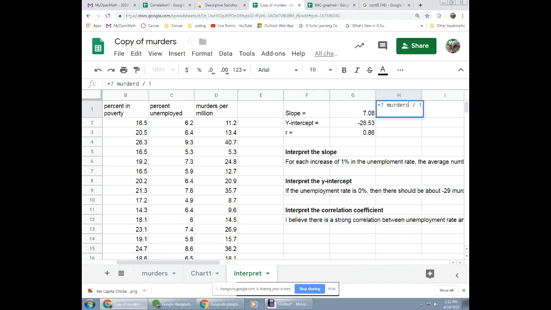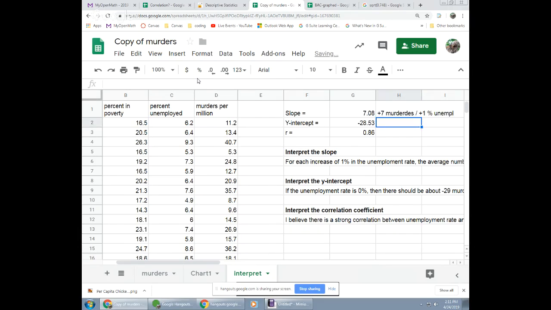I'm just going to call them murders, divided by 1% unemployment. Type that. So plus, apostrophe in front of that, and it should settle down. And that would also be a plus.